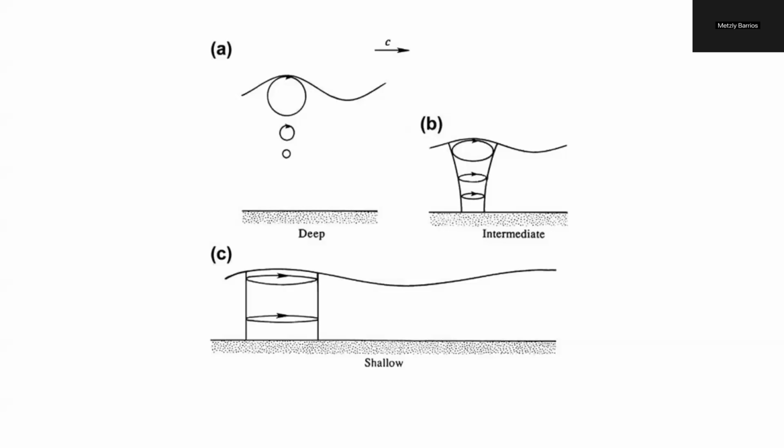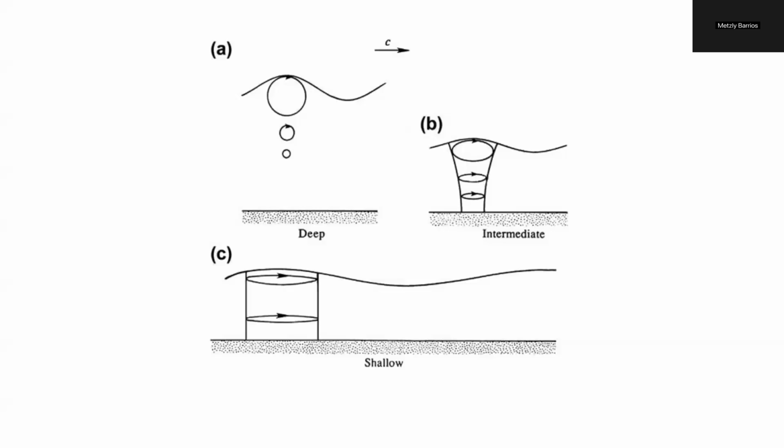So let's do the approximations here. And then we'll just move directly into some other forms of these waves so we can understand them better. For deep water, h is much, much bigger than lambda. Right?